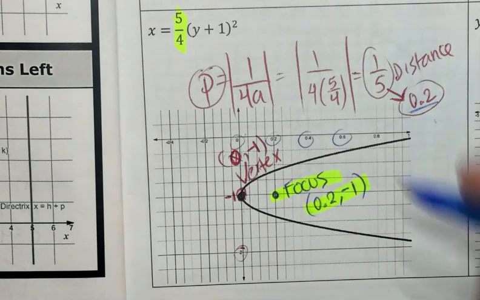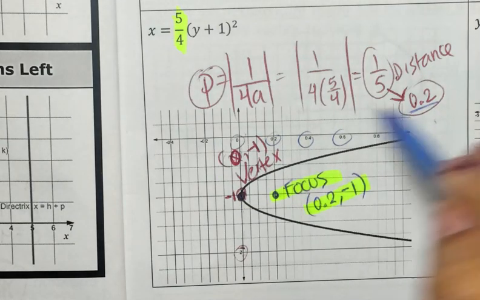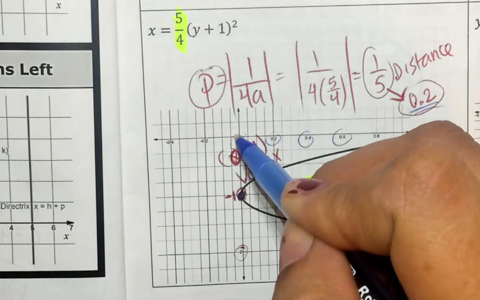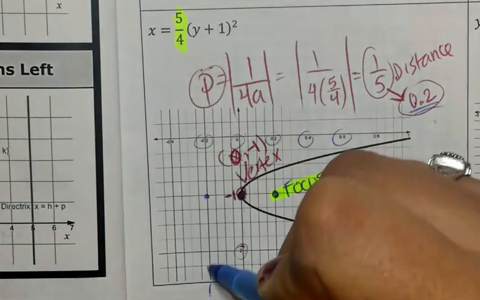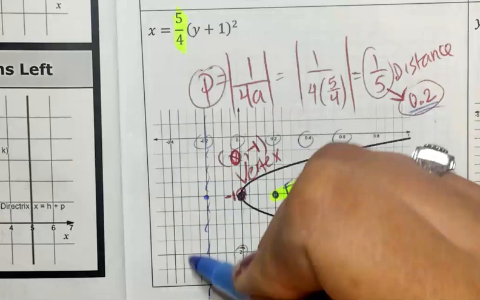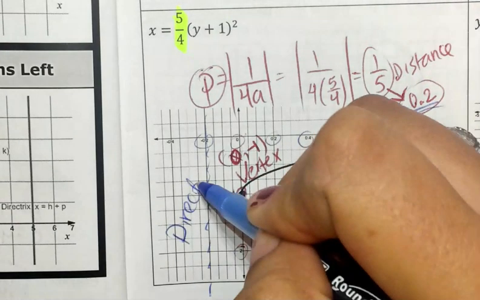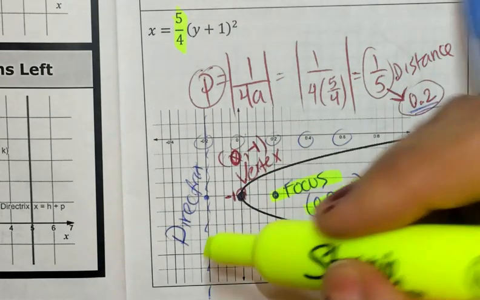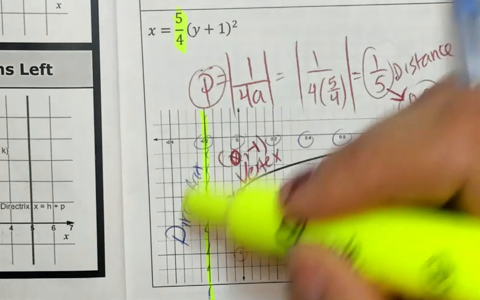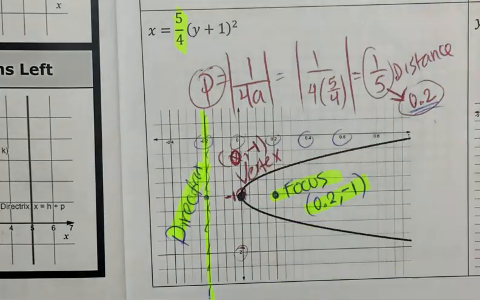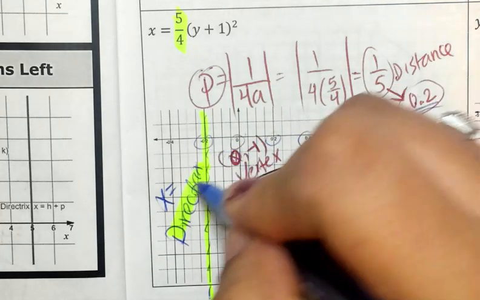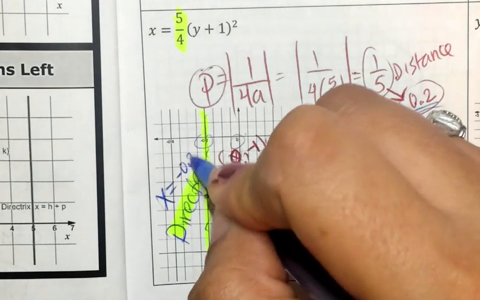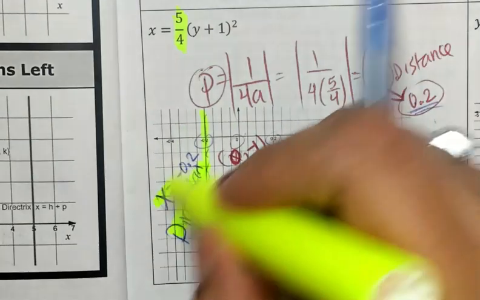And then the directrix is in the opposite direction, 0.2 of a distance. So we go to the left, -0.2. So right here, that's where we'll have the directrix. And because it's a vertical line, we are going to write x equals, and then you just write down where it's touching, -0.2.